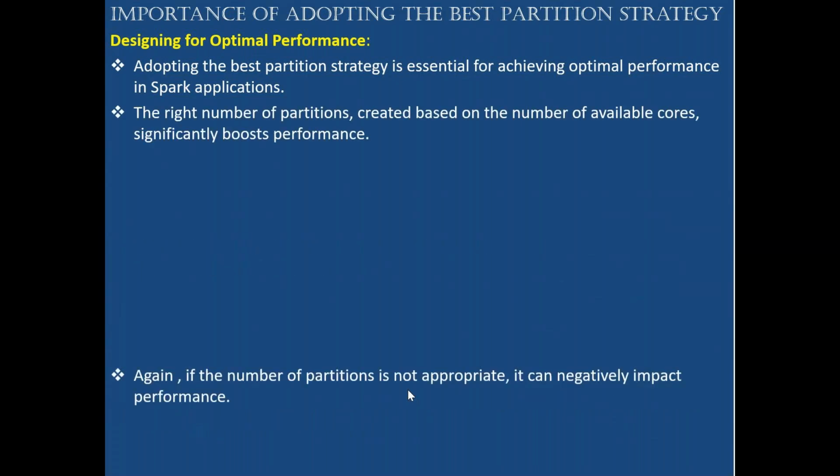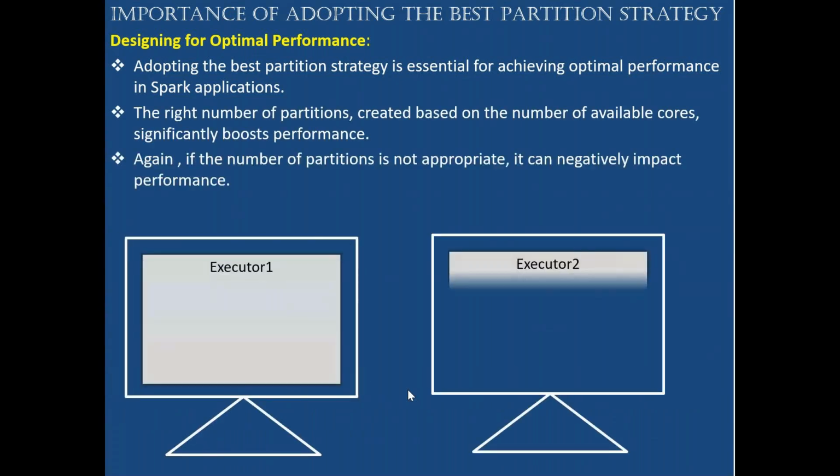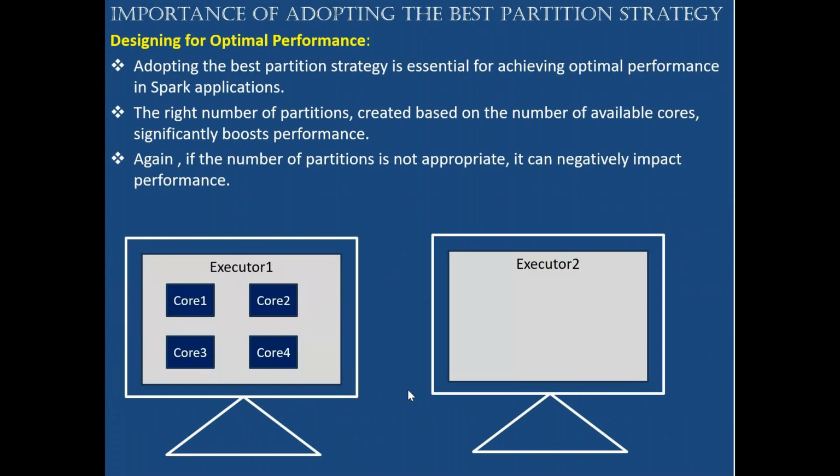If you consider two executors and each executor has 4 cores, in total you can have 8 partitions. If you have fewer than 8 partitions, it can impact negatively.